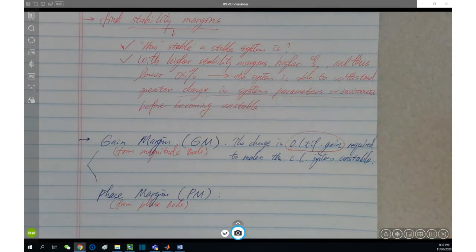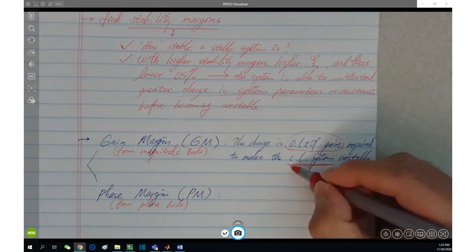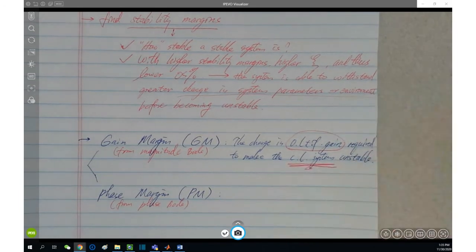When we talk about system stability, we are talking about the closed loop system stability. This is a very, very important concept. Is your system stable or not? Which system are we talking about? Definitely not open loop. Open loop system means nothing to us. All we care about is whether the closed loop system is stable or not.